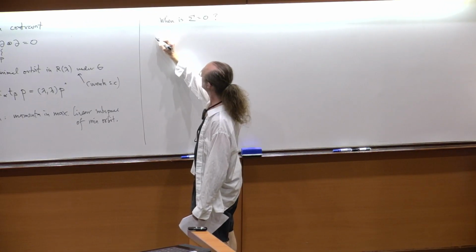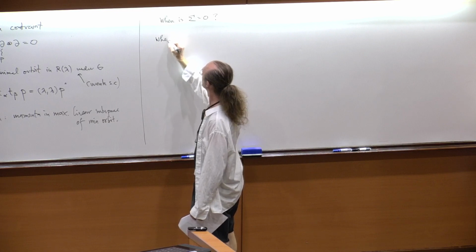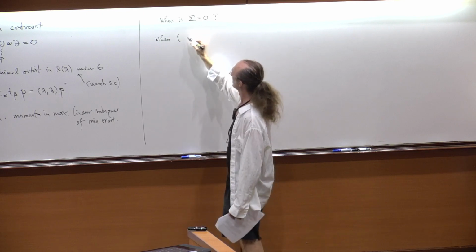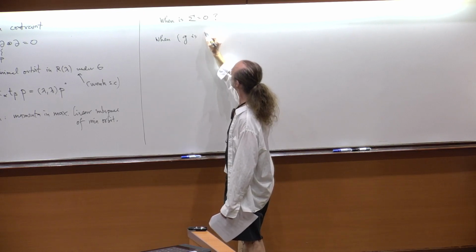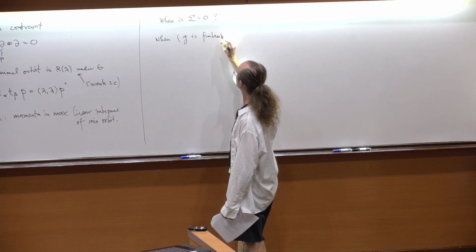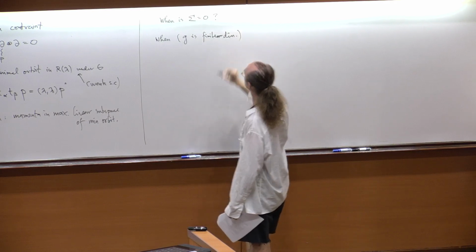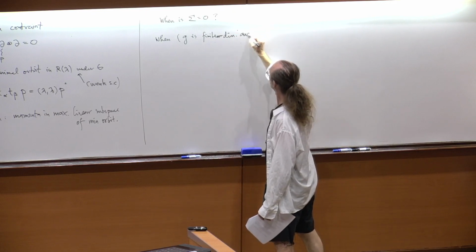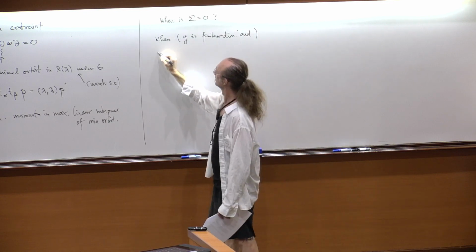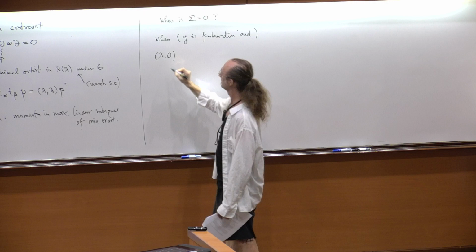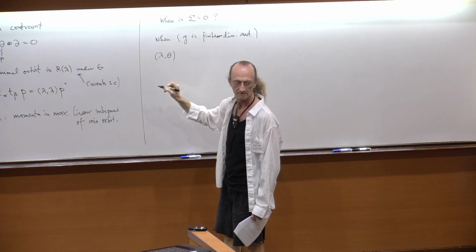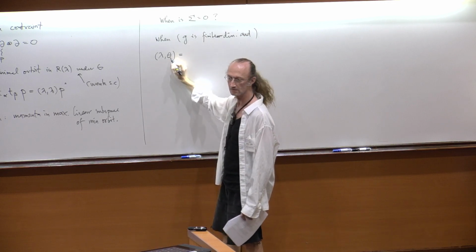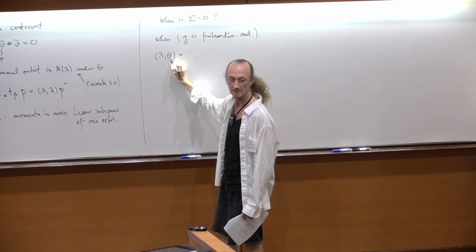They vanish exactly when G is finite dimensional and lambda is a fundamental weight that is dual to a simple root with Coxeter label 1.